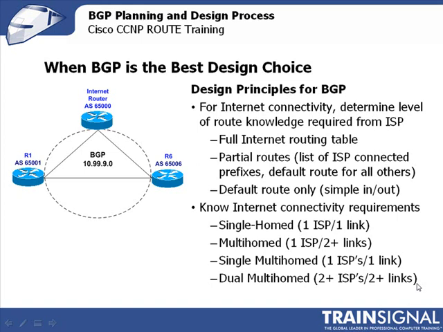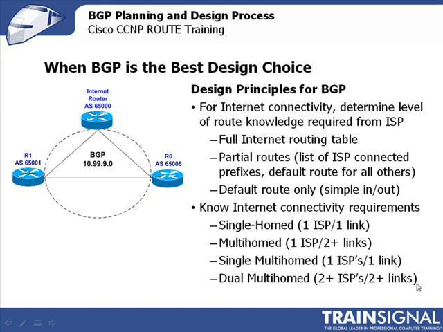So now let's just look at some general design principles for the Border Gateway Protocol. First of all, if you're going to be using BGP for connectivity to the internet, determine what level of routing knowledge you need. For example, do you need a full internet routing table where you know about every prefix on the internet, kind of when we were just looking at the AT&T route server, with the thousands of routes that were being listed?